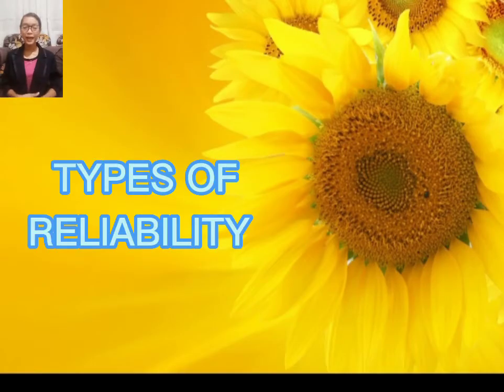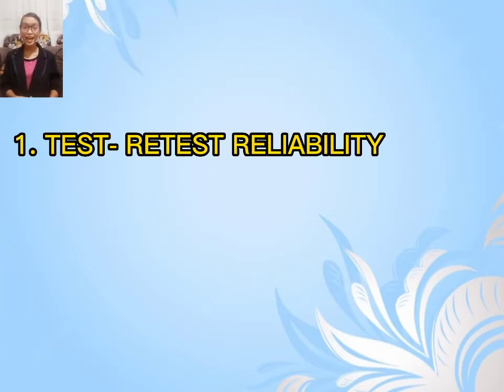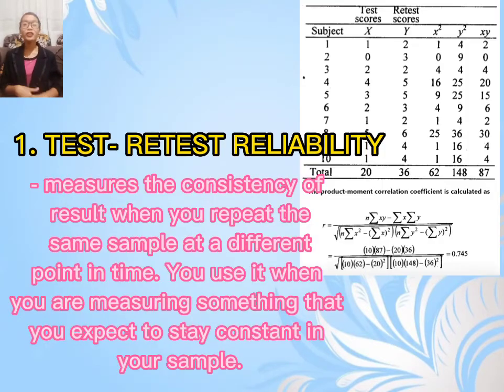Types of reliability. 1. Test-retest reliability. It measures the consistency of results when you repeat the same test on the same sample at a different point in time. You use it when you are measuring something that you expect to stay constant in your sample.